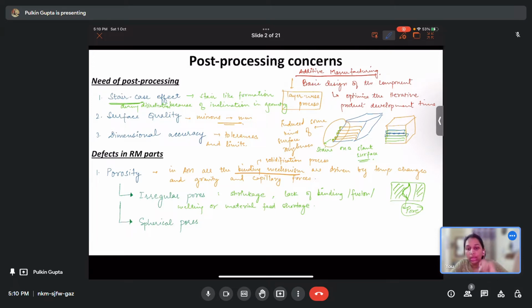Another is the spherical pores, which are commonly formed due to trapped gases in bubbles, or Marangoni turbulence in the melt region, or material evaporation, which is very common in high temperature processes.